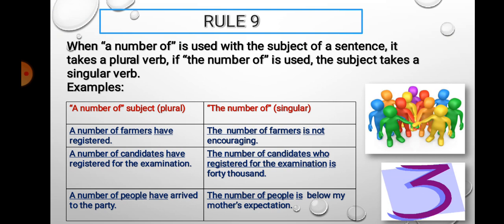Look at the pictures on the right side. A number of people join their hands, and we have 3 is not enough.